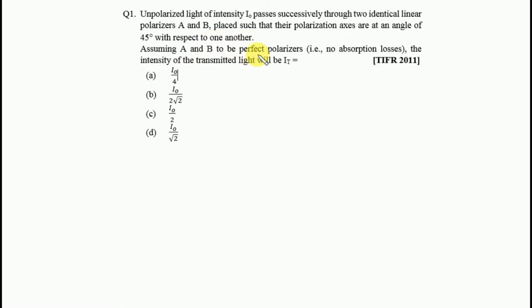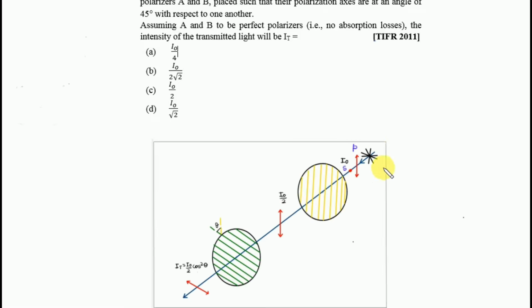Assuming A and B to be perfect polarizers, that is no absorption losses, the intensity of the transmitted light will be I0 by 4, I0 by 2 root 2, I0 by 2 or I0 by root 2. If you refer to the previous diagram, these could be the two polarizers 1 and 2. Let's name them A and B.